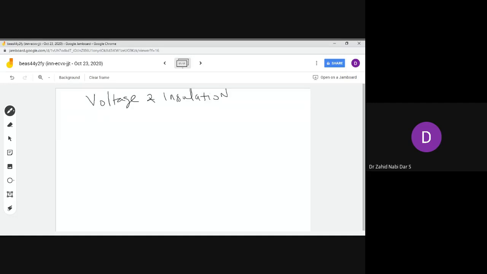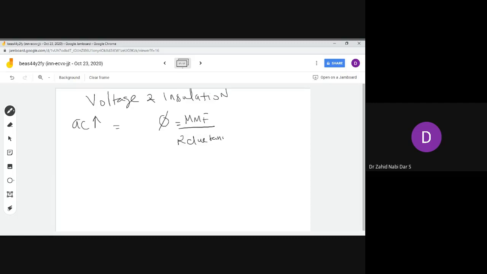Why it happens is that, as you can see here, if you are increasing AC, your flux will increase, because flux is MMF divided by reluctance.